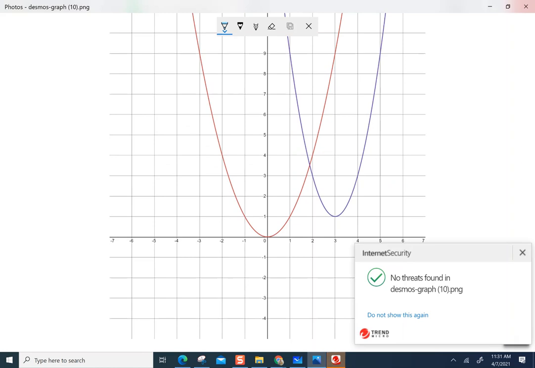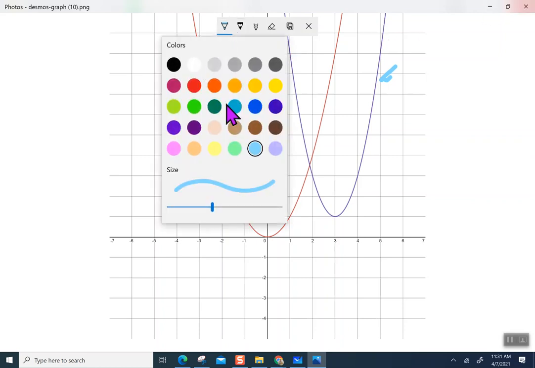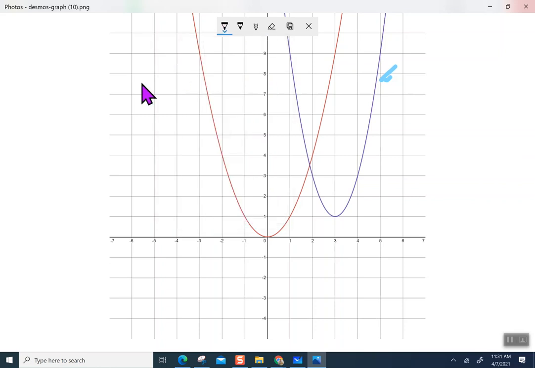Okay, my original axis of symmetry, remember the axis of symmetry is, if I were to cut this graph in half, and I need a really distinct color to grab it with. Let's just do black. Okay. If I wanted to cut my parent graph in half, I would cut it in half right here.